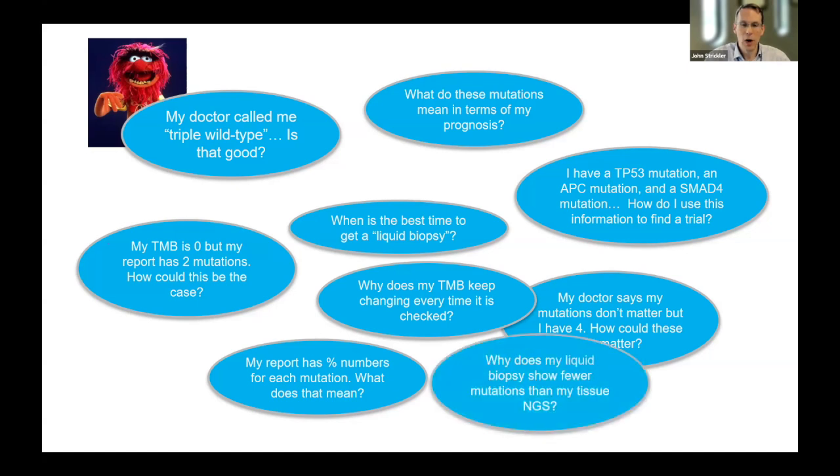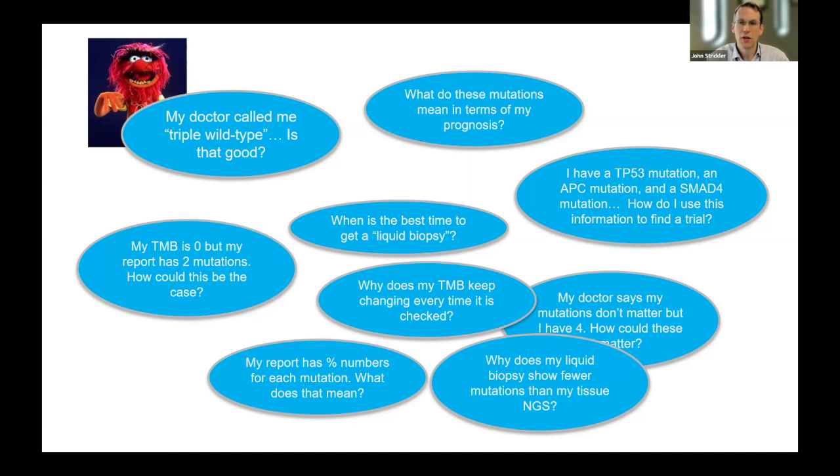And then why does my liquid biopsy show fewer mutations than my tissue NGS? I would say typically that's the case for 2 reasons. Number one, the liquid biopsies will typically have fewer genes covered on the reports than the tissue, so it's a smaller panel. But the other portion is you need enough fragments of DNA to be detected on the liquid biopsy to report it out.